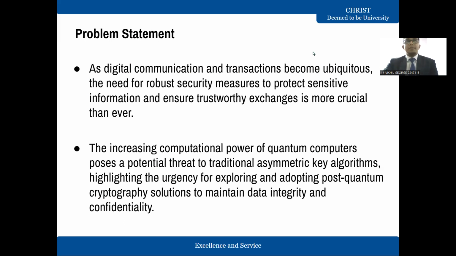We have been using some traditional keys, basically RSA keys, and Diffie-Hellman. Today I won't be talking about Diffie-Hellman itself, but about the key exchange which involves Diffie-Hellman.